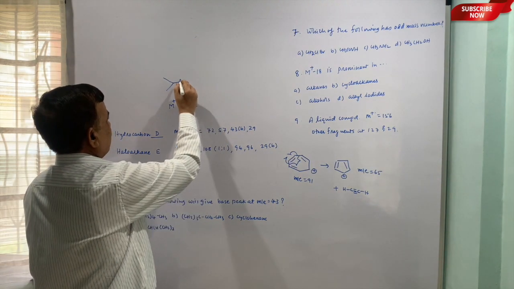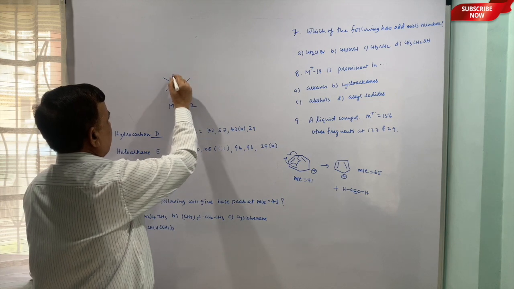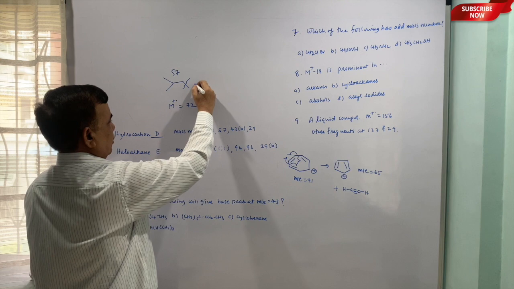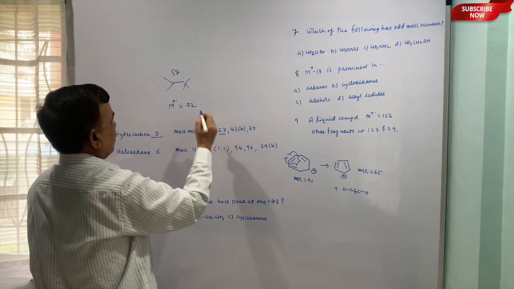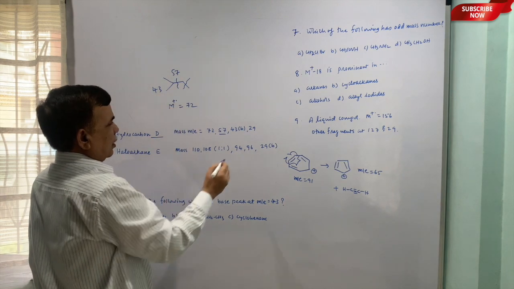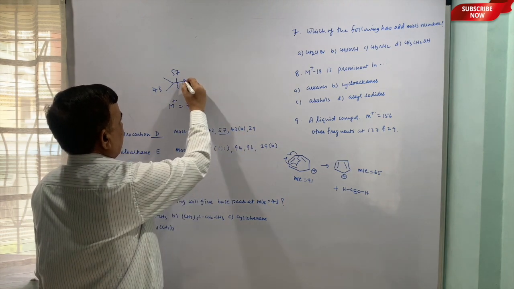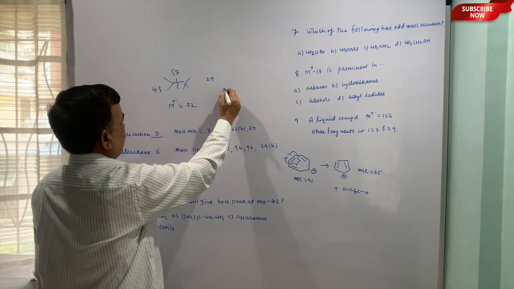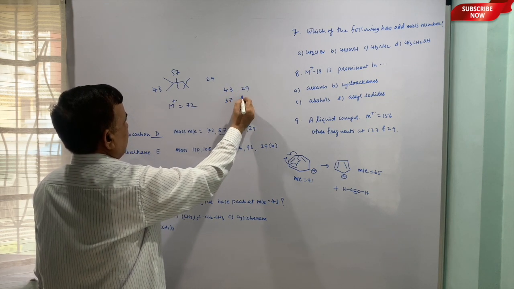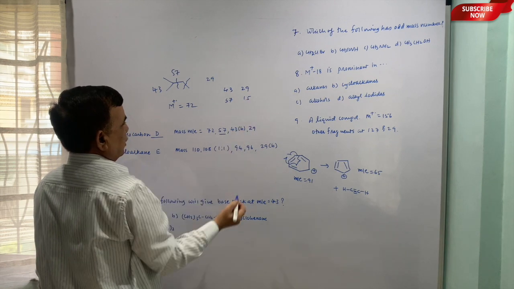57 is coming from here. This is 57. This is of course 15. So 57 can be obtained from this. 43 is this part, and the other part is 29. So 43 and 29 they are complementing. 57 and 15 they are complementing.